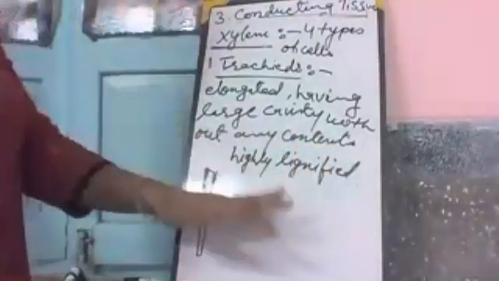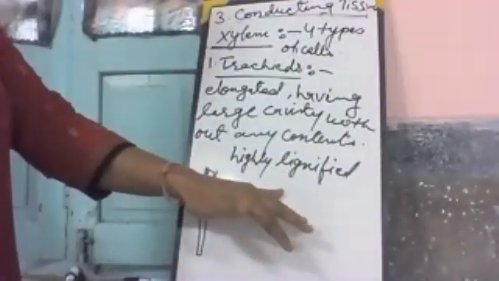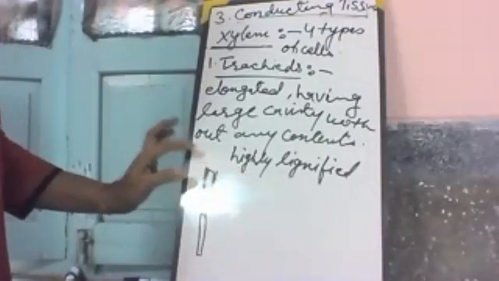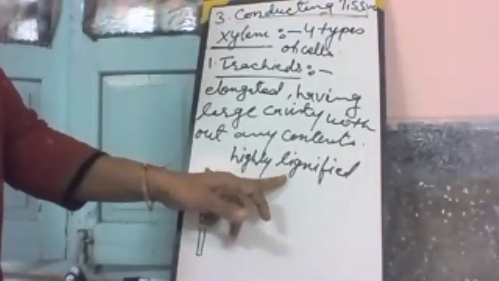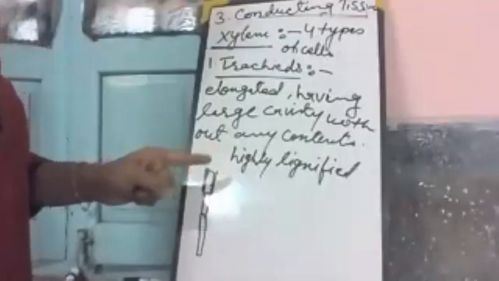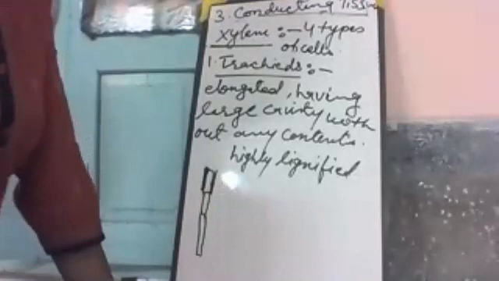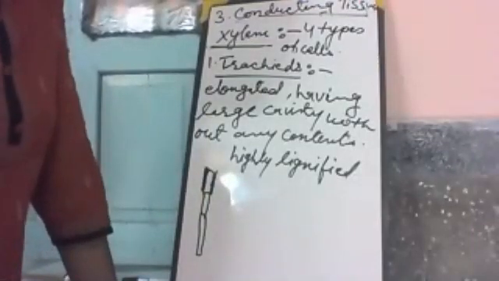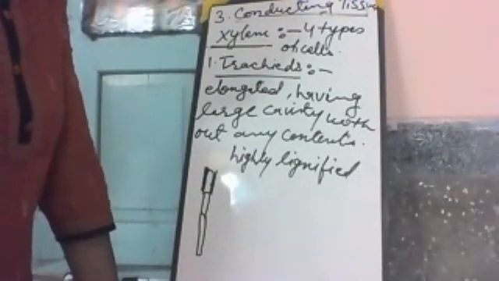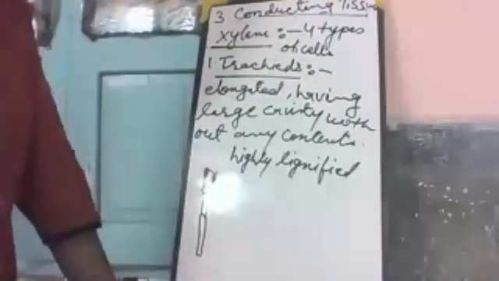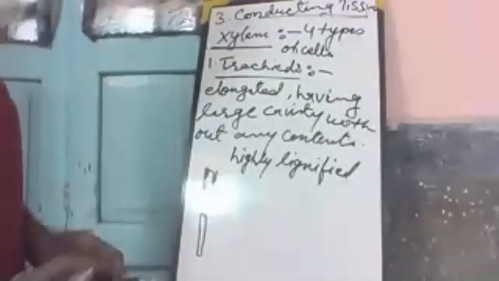Lignin is a substance which is deposited on the cell wall, and due to this deposition of lignin, the cells are highly lignified, and it provides mechanical support to the plant.